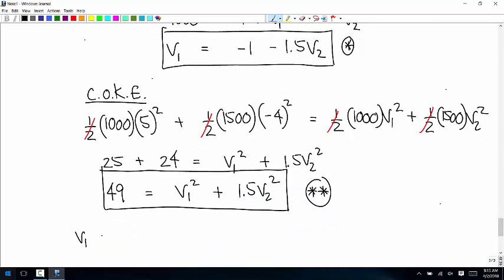Okay, so V1 squared is 1 plus 3V2 plus 2.25 V2 squared.